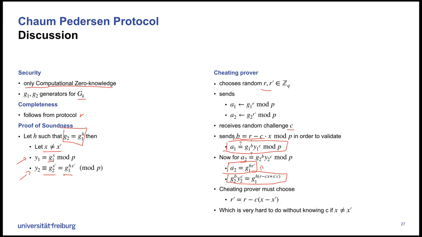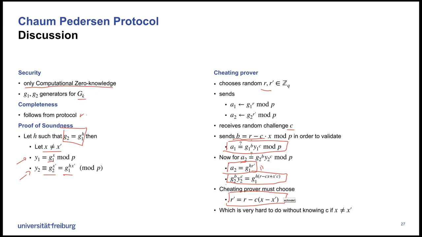Now I can divide by H because H is not 0, because otherwise this generator would be 1. So what I get is that the cheating prover must choose something like that. So the R prime must be equal to R minus C times X minus X prime, and X minus X prime is now different. So this is not 0.